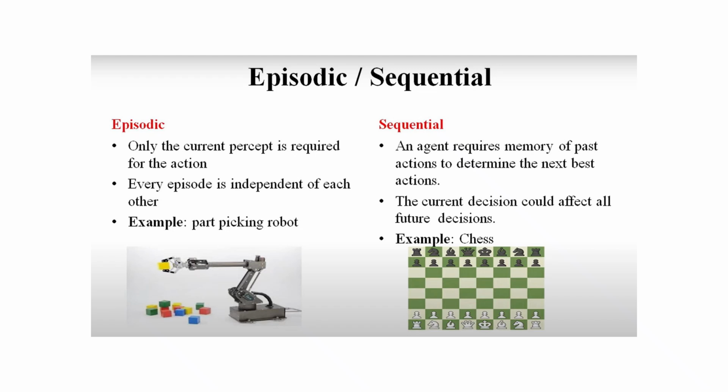Wherever there is any dirt or dust, it will go and pick the particular dust and insert it into the waste container, and then move on to the next place. That is also a good example, as is robot navigation. So this is about the examples of episodic as well as sequential environments.